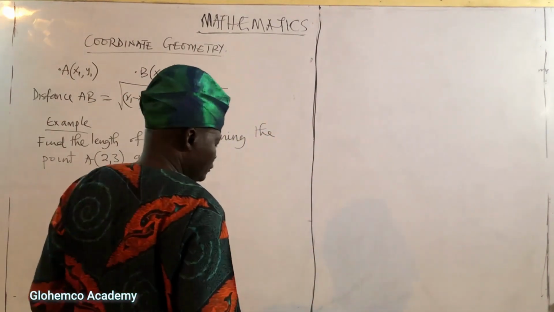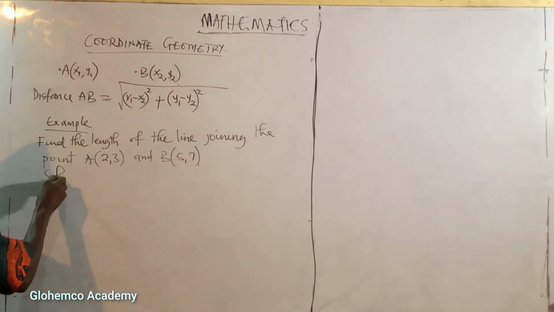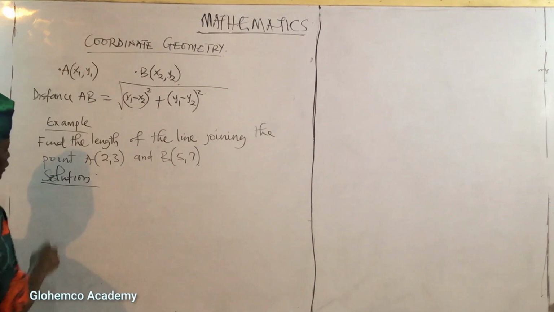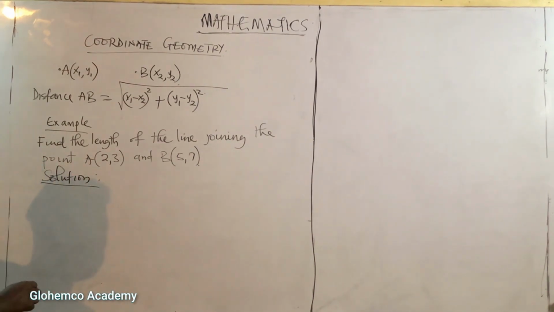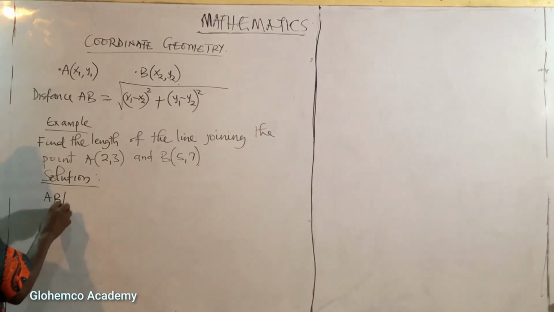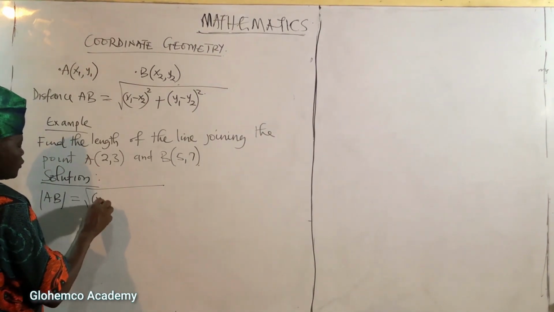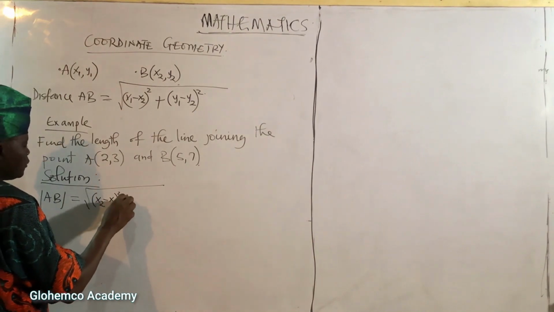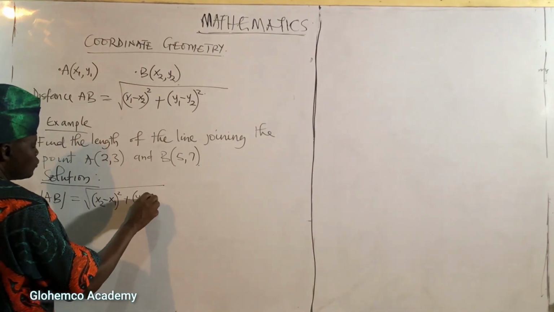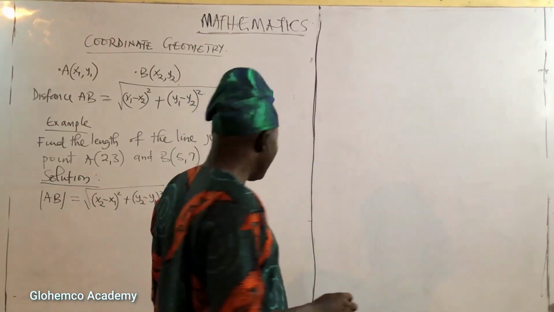What we are saying here is that we are to apply the coordinate geometry rule. How? Now we say that AB by formula is square root of x2 minus x1 squared plus y2 minus y1 squared.